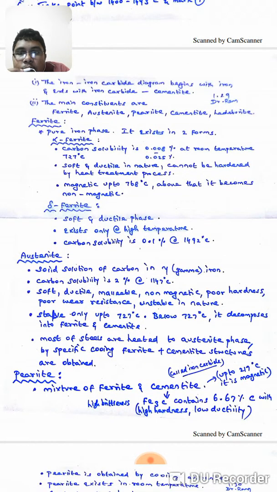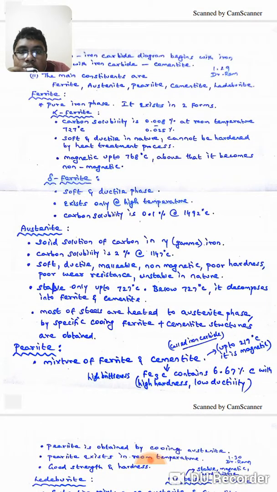Next, austenite. It is the solid solution of carbon in gamma iron. Carbon solubility is 2% at 1100 to 1150 degrees centigrade. Soft, ductile, malleable are the properties of austenite. Poor hardness, poor wear resistance, unstable in nature.